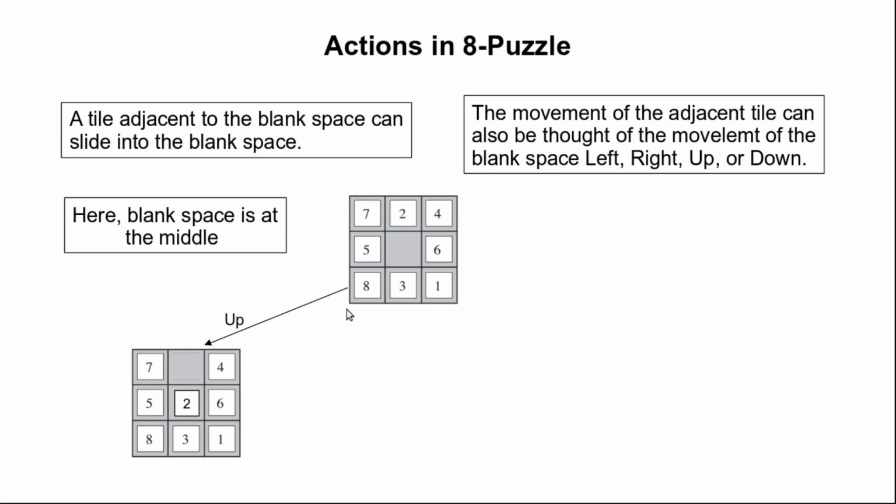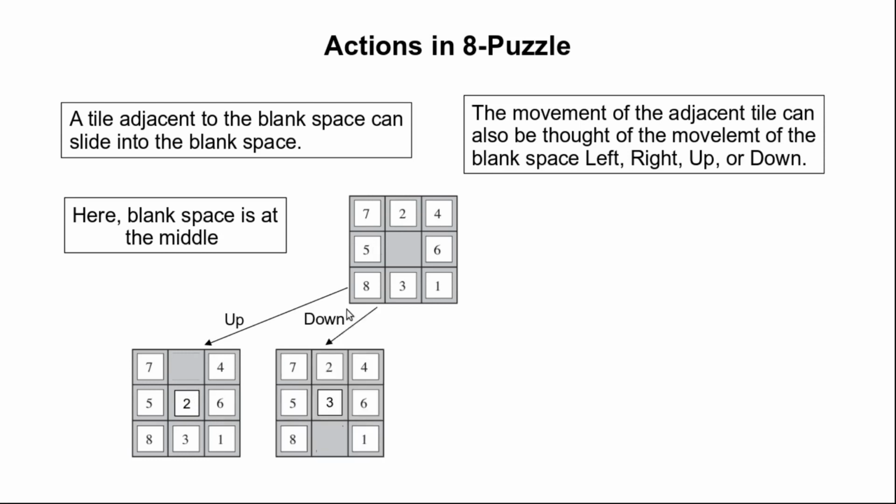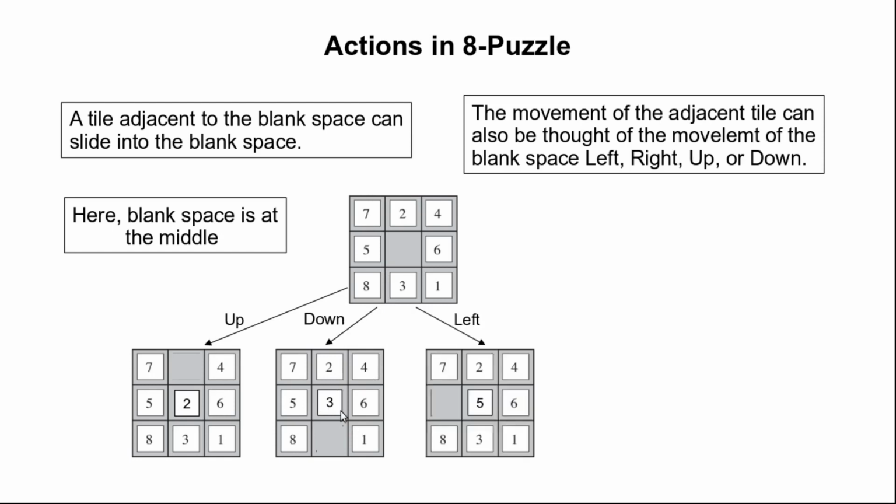Or the blank space may be moved downward. If we make this move, this would be the new configuration of the board. If we perform the action where the blank space moves to the left, then this would be the new configuration of the board.